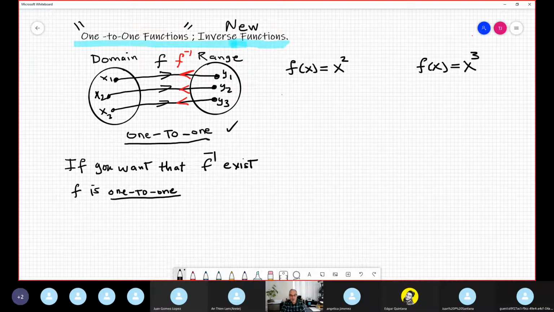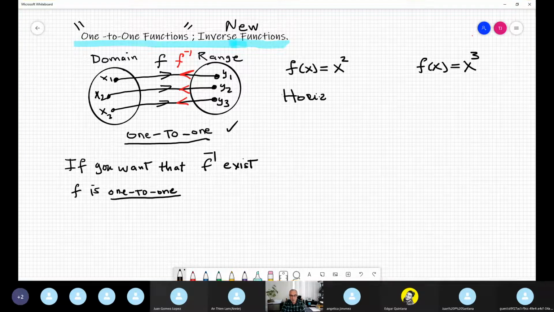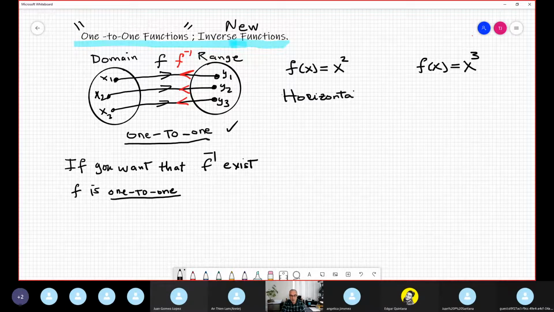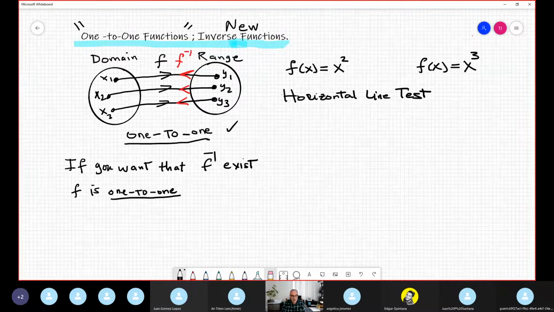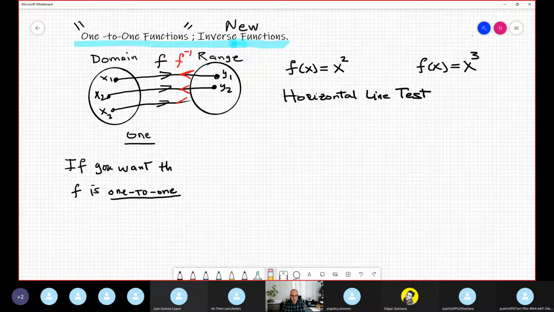Okay, so you apply one thing, it's called a horizontal line test. Let me recall quickly what is the vertical line test we studied before in chapter 2.